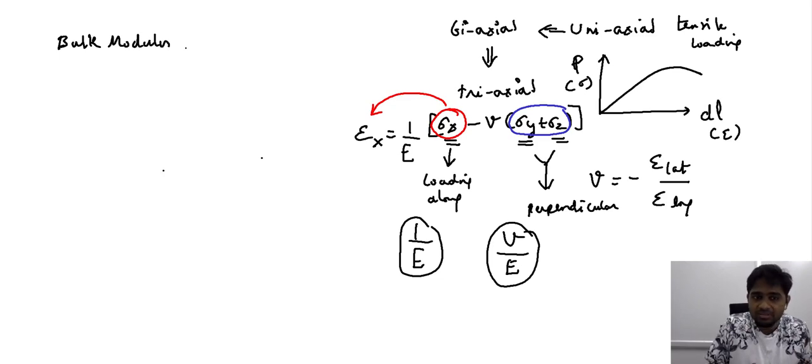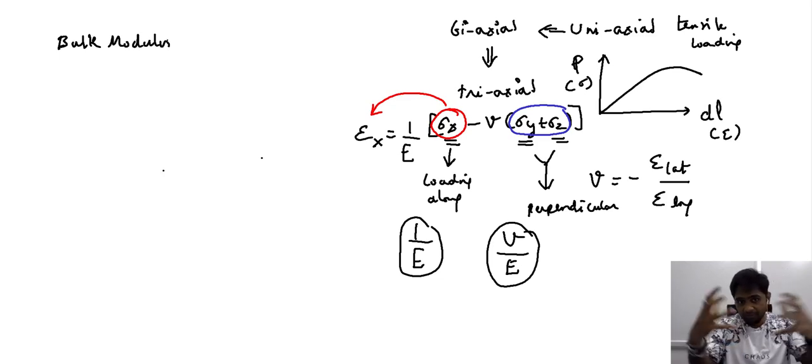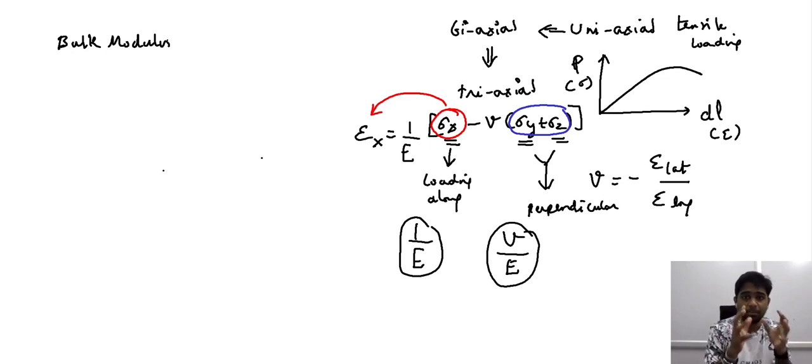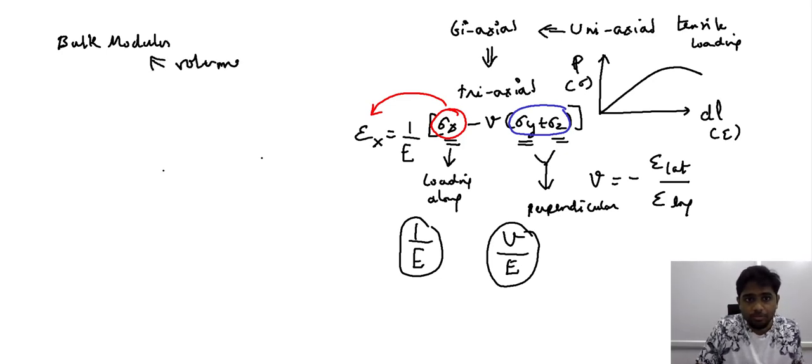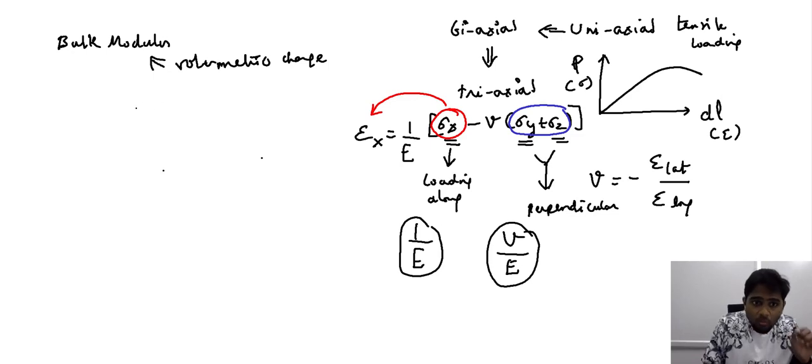This bulk modulus is similar to our Young's modulus, but the only difference is that the bulk modulus considers not the response offered by the material along a specific direction, but the complete volumetric change that we observe when we are imposing these mechanical conditions within the elastic region.